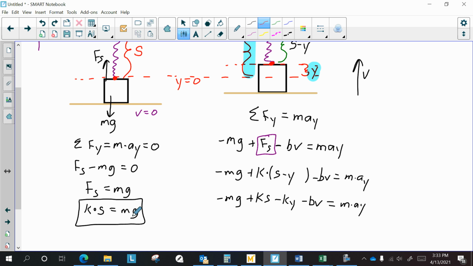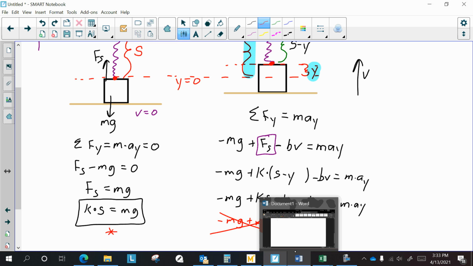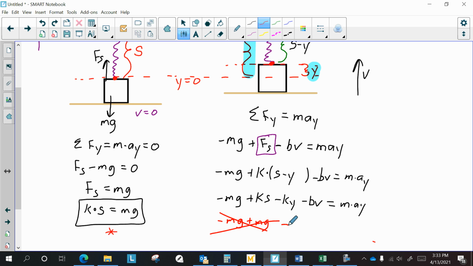Notice that we said that ks is the same thing as mg. So if we replace ks with mg, those two are going to cancel. So then we'll be left with minus ky minus bv equals mass times acceleration.